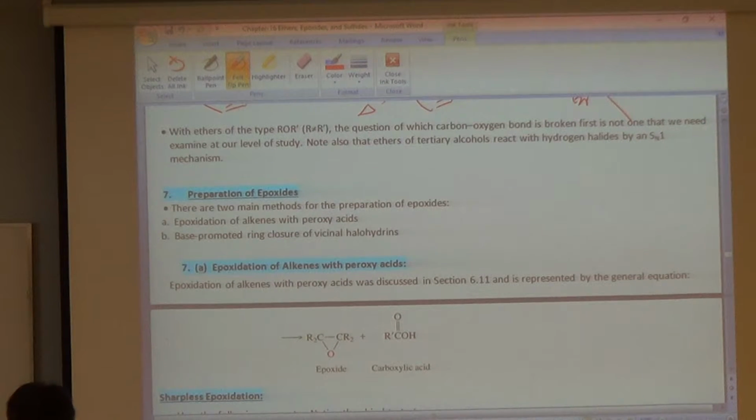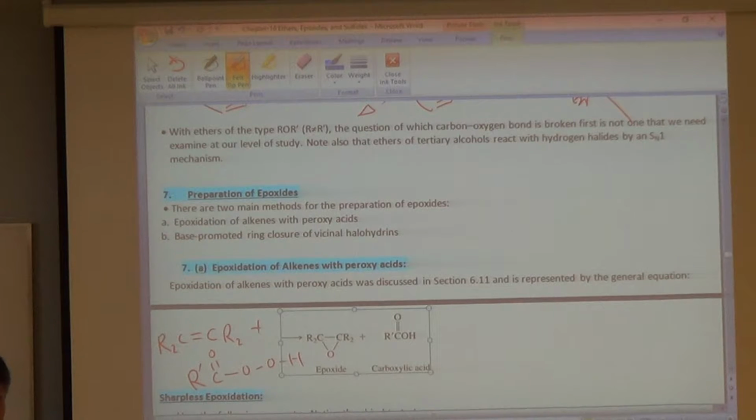Let's write a general generic alkene. So we have R2C double bond C R2. Then you plus those peroxide acid. I think the peroxide acid I'm going to use R prime, then C double bond to the O, and I have O and H. So this is the so-called peroxide acid.